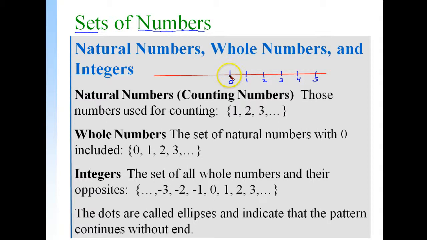So what's in the middle of a number line? Well, a 0. But when we think of the first set of natural numbers or counting numbers, our set includes a 1 as our first item.